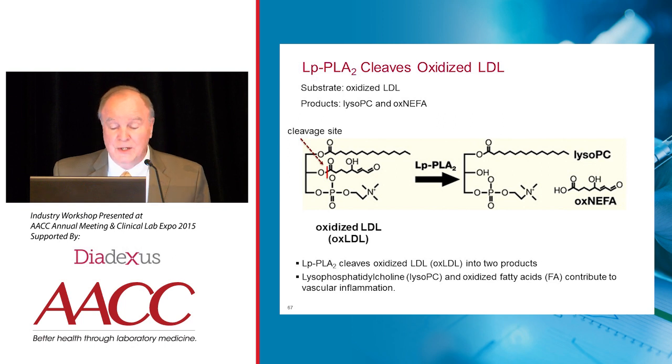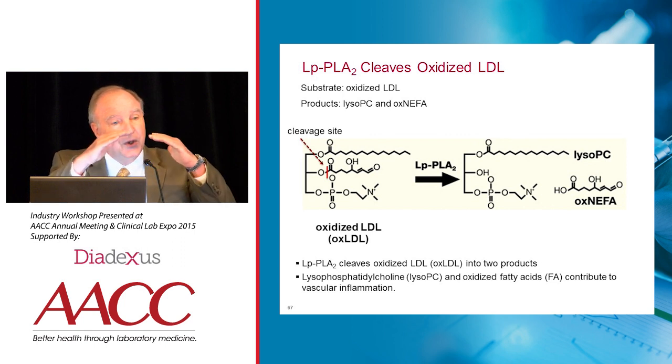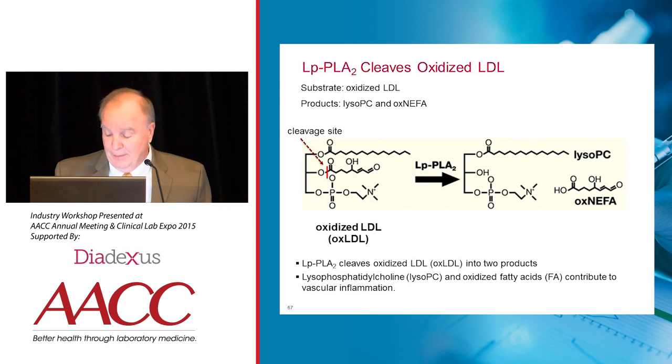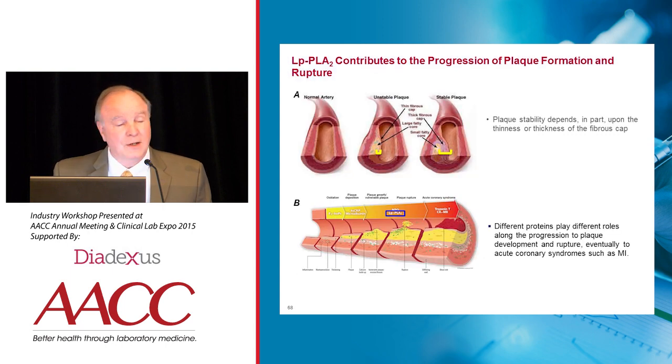a real problem. And as that milieu of chemicals and cellular debris expands in that intimal area, we thin out the fibrous cap. And then we have the release of these thrombotic factors that actually cause a clot to form.